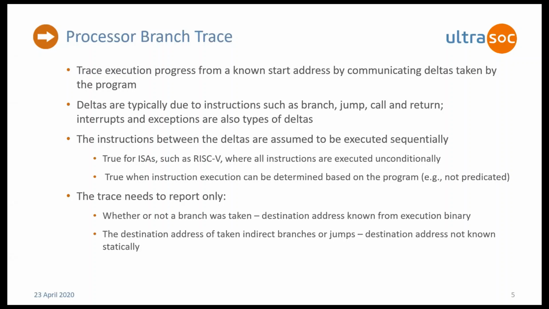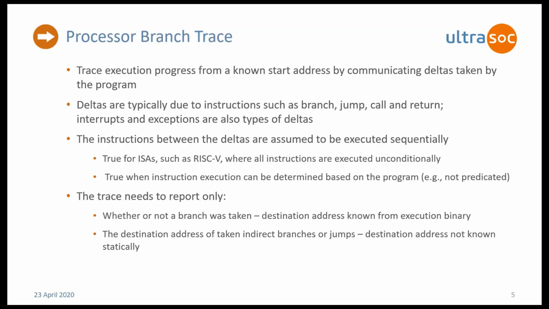With all of that in mind, once we know where we started from, the trace only needs to report that there were changes in flow. So when we hit an instruction that can branch or maybe continues, we need to report whether or not this branch was taken, but for many of those branches there's no need to report the address that we went to, because the branch address can be inferred from the execution binary.